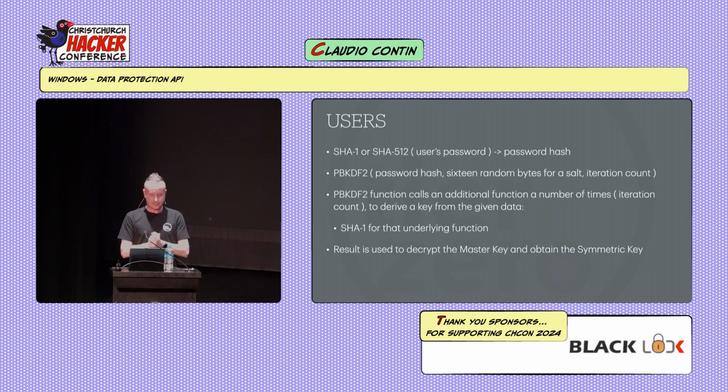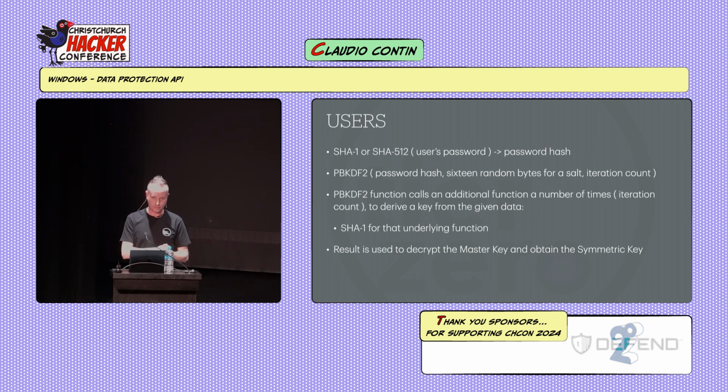In this case, in order to decrypt master keys, the DPAPI under the hood creates a SHA-1 or SHA-512, depending on the operating system version, to generate a hash based on the user password.